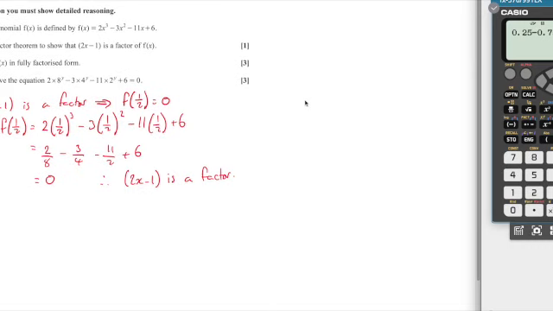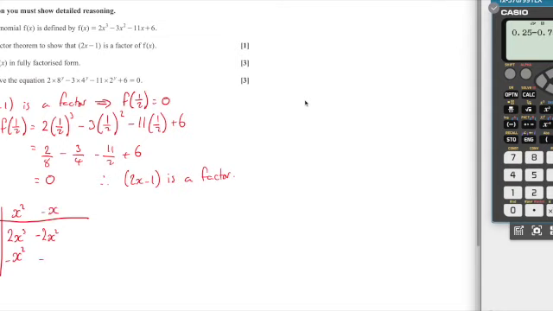So we want 2x minus 1. We've got 2x cubed, so that's going to be x squared. That's going to be minus x squared. I need minus 3x squared, so I need to have another minus 2x squared. That divided by that is going to give me minus x.